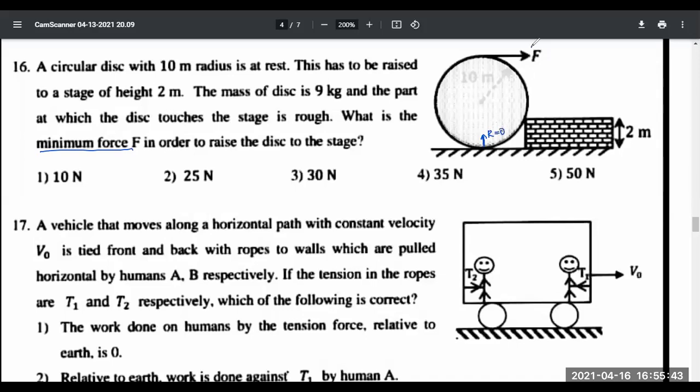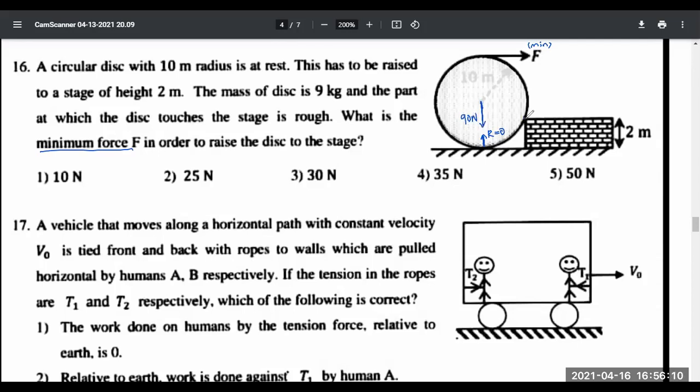When your F is the minimum required value, R, the perpendicular reaction between the disc and ground, is 0. We have learned whenever there's a contact between two surfaces, R will be there. But now the contact is disappearing, so R won't be there. And exactly at the center, the weight will be acting, that is 90 Newton.